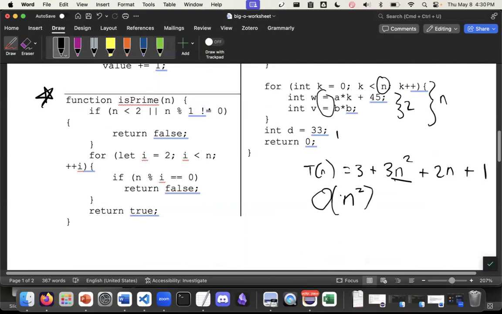So let's take is prime. So in terms of n, this kind of if statements take, what is our operation? What do you think it should be? Returns. So returns only happen once in a function.